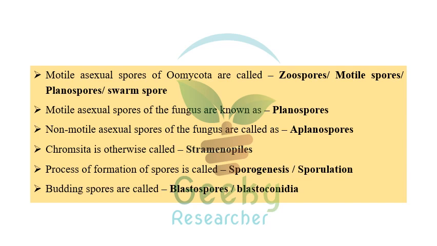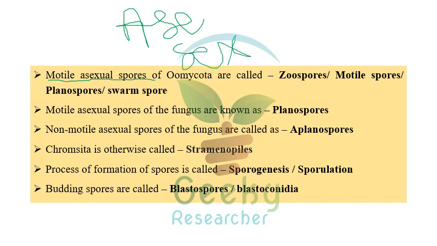So here, motile asexual spore. I repeat, fungi can reproduce by means of two: sexual reproduction and asexual reproduction. Motile means, for our understanding, it can move from one place to another place.